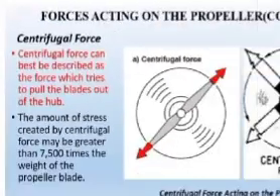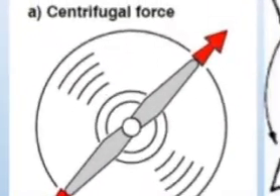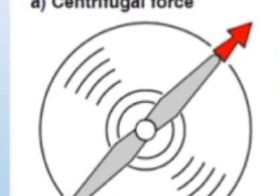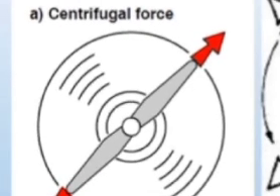That is how much stress the propeller blade undergoes. So in the picture, you see two propeller blades rotating and encountering centrifugal force, which tries to pull the blade out from that central point, or the hub.